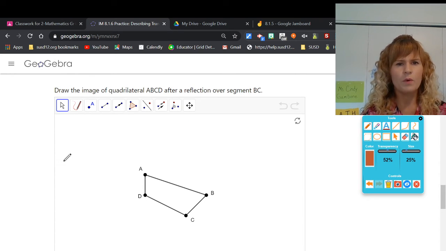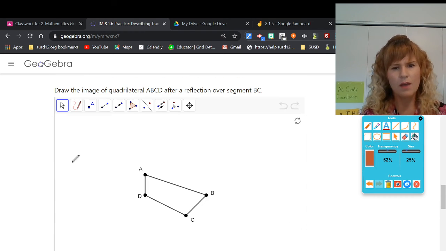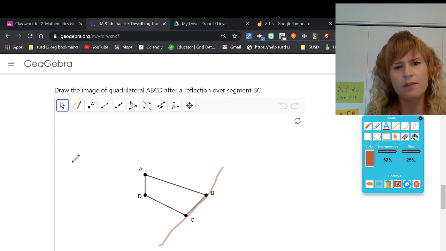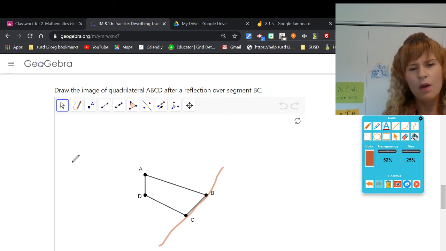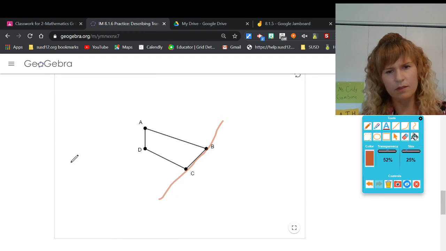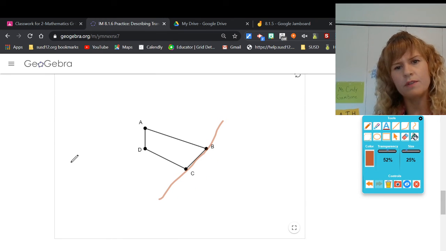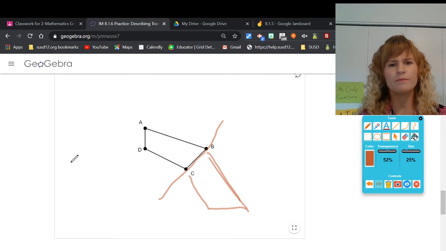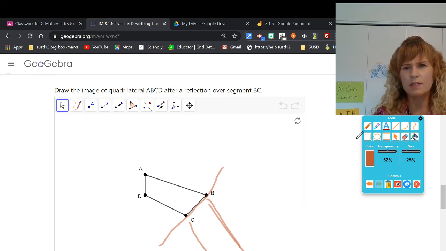Draw the image of quadrilateral ABCD after a reflection over segment BC. Okay, so segment BC is our line of reflection. Well, I can imagine what this will look like after a reflection over this line. Something like that. Now let me try using these GeoGebra tools to get it exactly right.